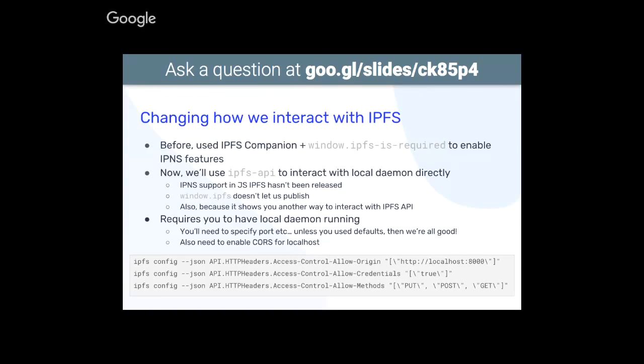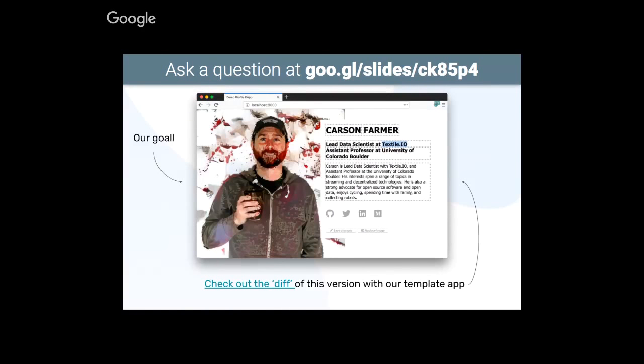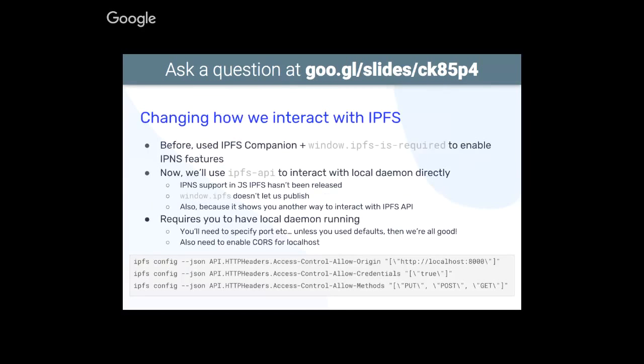Now, I've already done that, so I'm not going to skip ahead of these slides, but make sure that you do that. Okay. Now, incidentally, next session, we're going to talk about other tweaks to your IPFS peer and daemon that you might want to explore, like these ones, to tweak how you interact with IPFS. And so we'll spend a little bit of time next session talking about that.